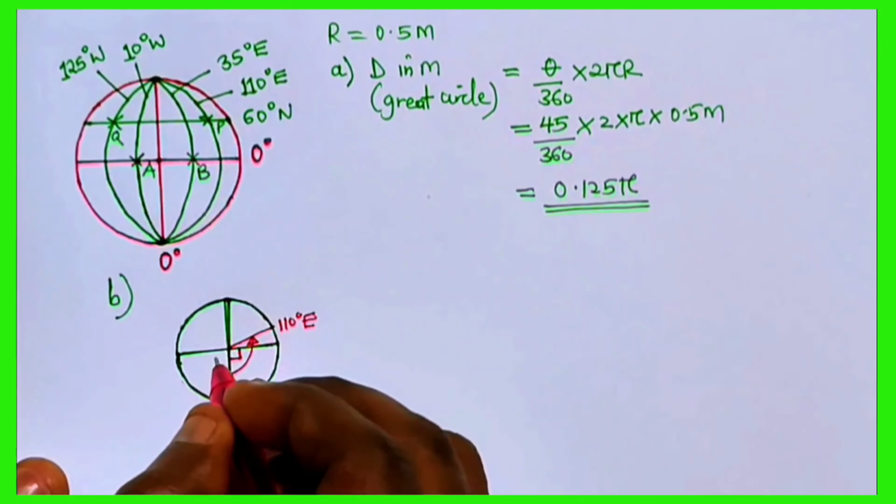And in order for us to find theta as far as the minor sector is concerned, we can first of all consider the angle subtending the major arc at the center of the circle. So theta will be equal to 360 degrees subtract 110 degrees and 125 degrees.